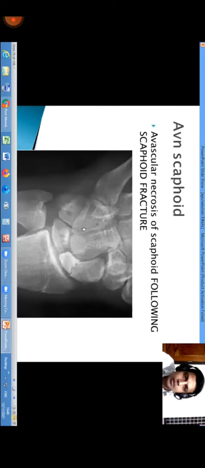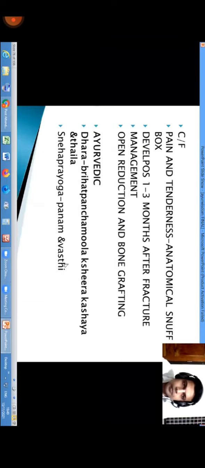And coming to avascular necrosis of the scaphoid, in this picture we can see the necrosed proximal part of the scaphoid bone after a fracture. The sclerosis is well seen here. Clinical feature is pain and tenderness in the anatomical snuffbox, the same area as in the fracture.